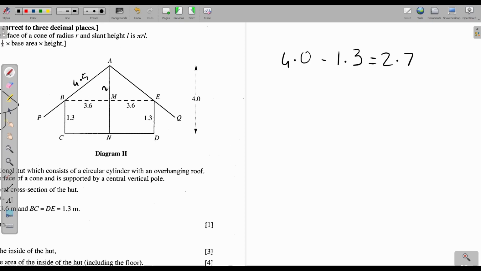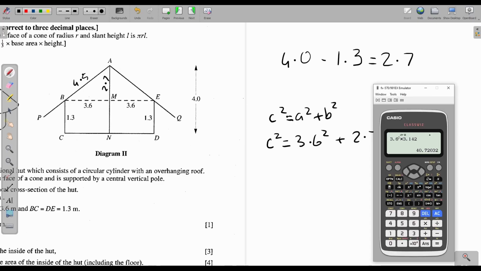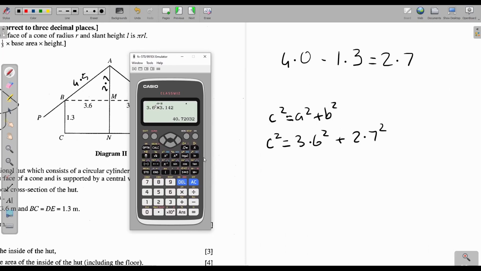Now we can just do c squared equals a squared plus b squared, which is Pythagorean theorem. C squared is equal to 3.6 squared plus 2.7 squared. Let's use our calculator to figure that out.